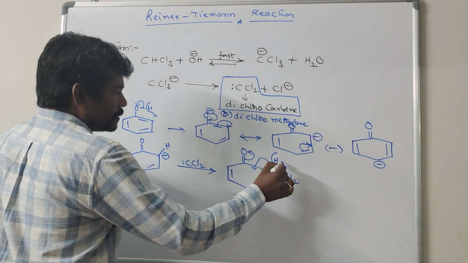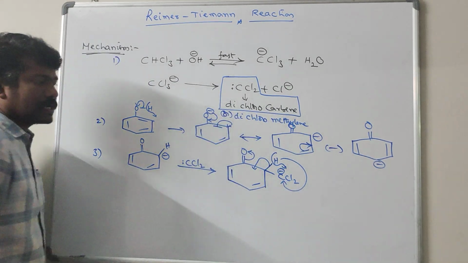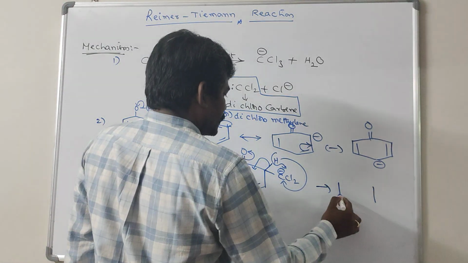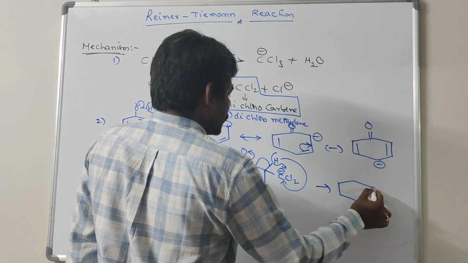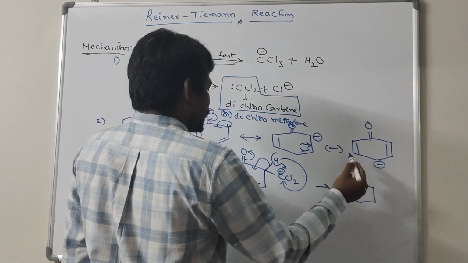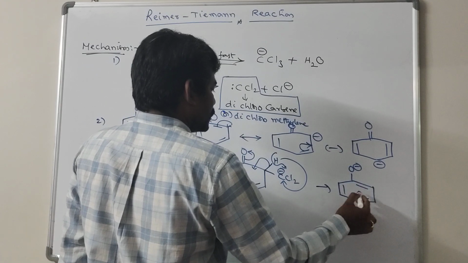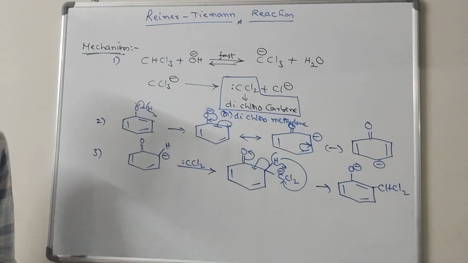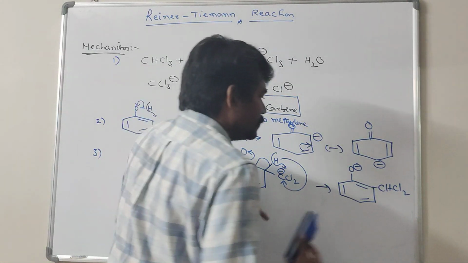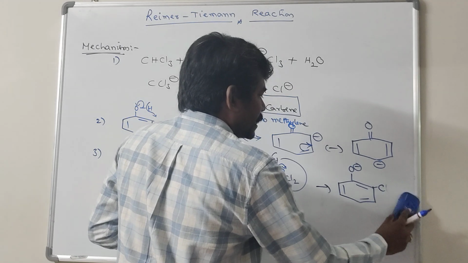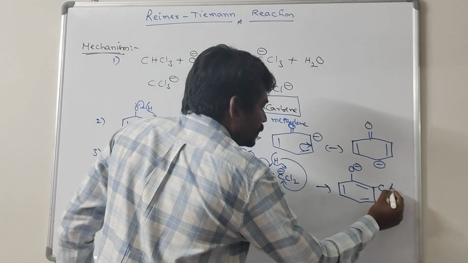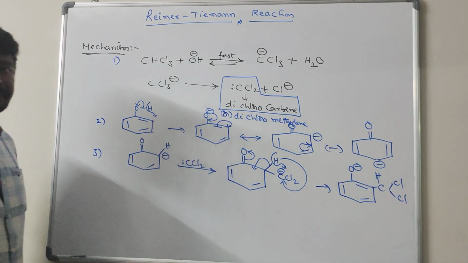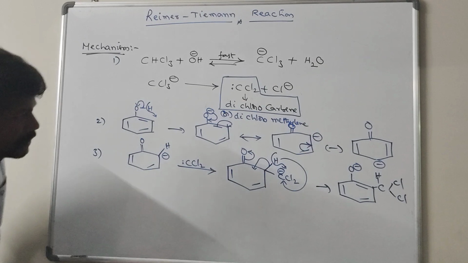This H plus ion attacks the negatively charged carbon atom. We get O minus and CHCl2. For our convenience, we can write it as Cl, Cl and hydrogen.